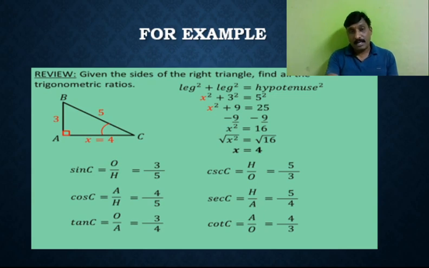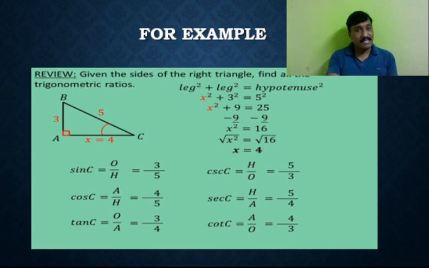Coming to cot, the reciprocal of tan, that is adjacent by opposite, which is 4 by 3. Secant C is equal to hypotenuse by adjacent, which is 5 by 4.